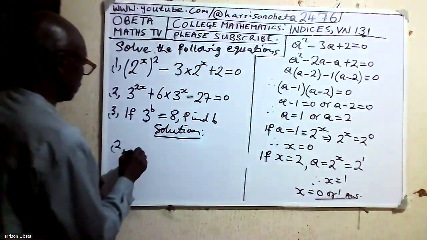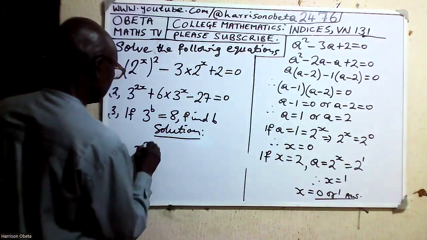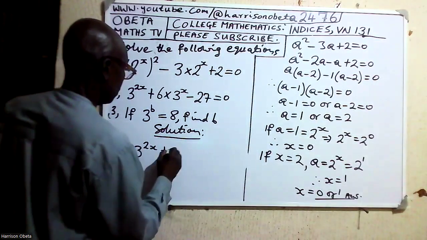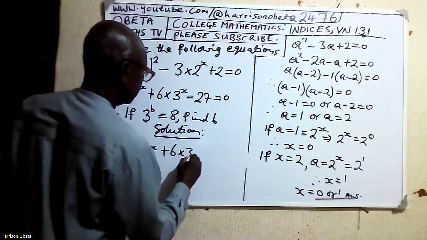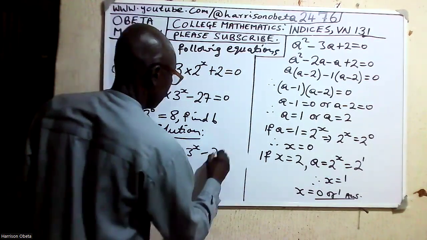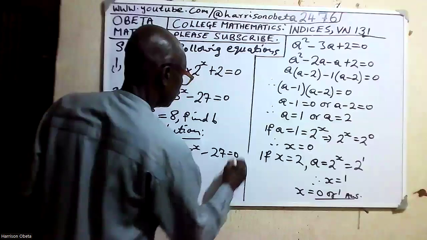In question number 2, we have 3 raised to 2x plus 6 times 3 raised to x minus 27 equal to 0.